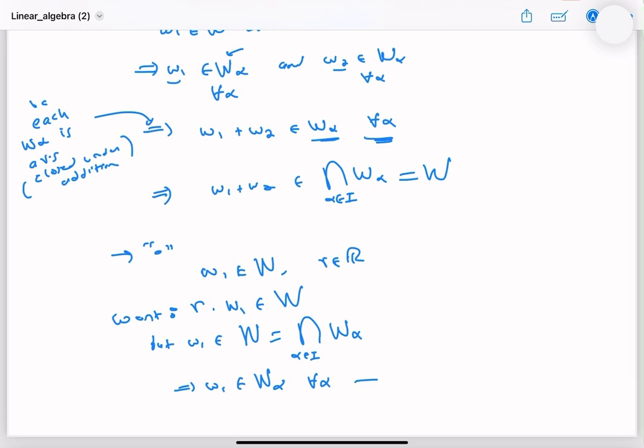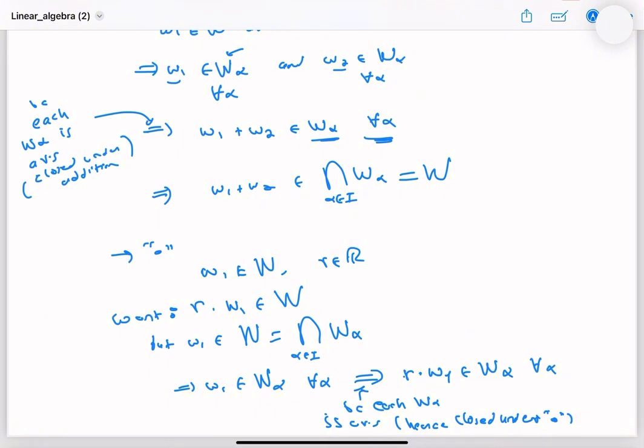And because each omega alpha, or each W alpha, is a vector space, hence closed under scalar multiplication, then R dot omega 1 is in omega alpha for every alpha. Why is that?